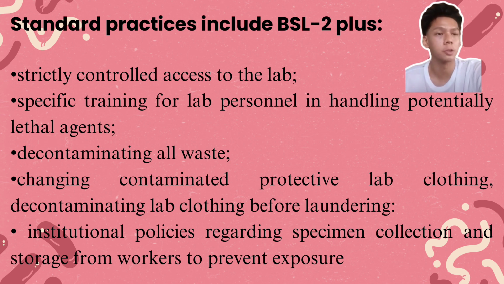Standard practices include BSL 2+, strictly controlled access to the lab, specific training for lab personnel in handling potentially lethal agents, decontaminating all waste, changing contaminated protective lab clothing, decontaminating lab clothing before laundering, and institutional policies regarding specimen collection and storage from workers to prevent exposure.